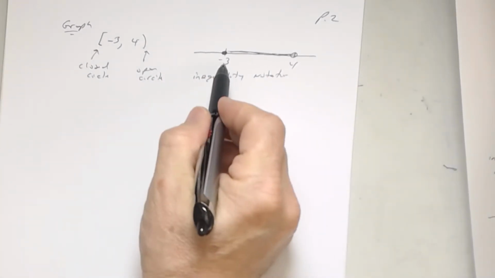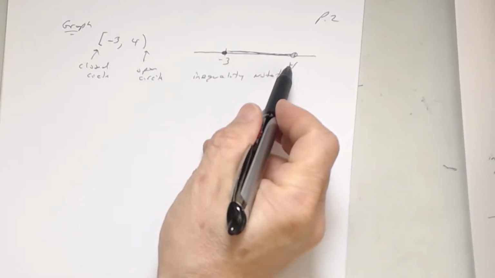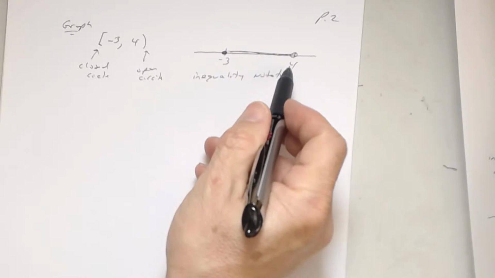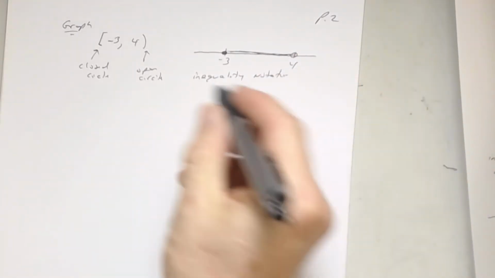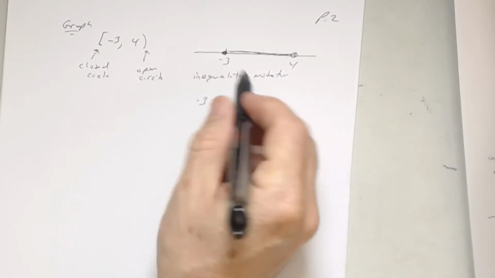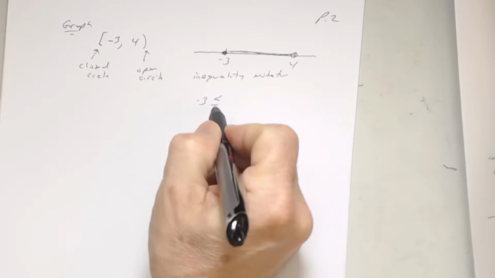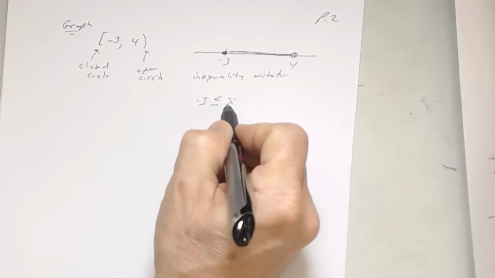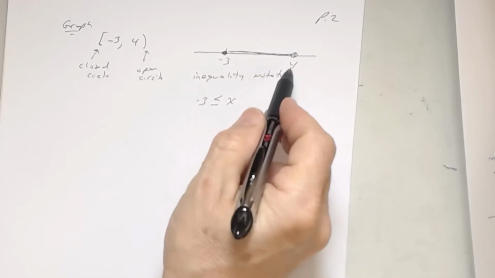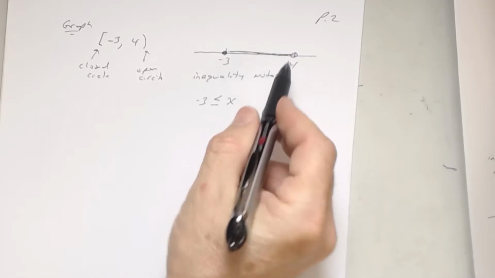So basically, negative 3 is the smallest, correct? 4 is the what? Largest, although we can't use it because it's an open circle, but we have the idea. So you're going to say negative 3 is less than or equal to any number that's a solution. So notice less than or equal to x, not infinity, because I've got to go all the way up to just what? 4.